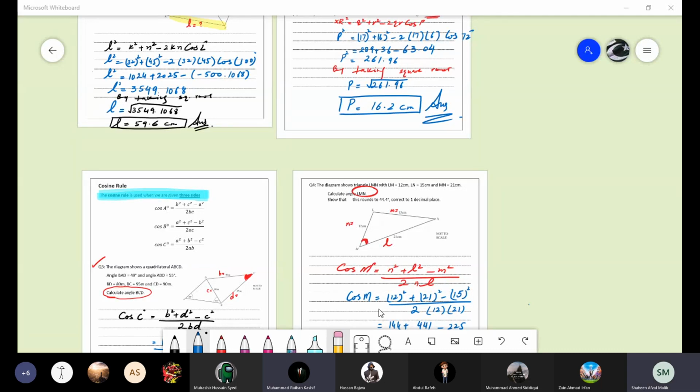You can do it on the worksheet, Rehan, and then staple that worksheet with your register. Do you need the answer key of this worksheet, or have we done it in the class? No need for the answer key, ma'am. Okay. Thank you so much. Inshallah, tomorrow we will do the next worksheet. Tomorrow is the revision of sine and area.